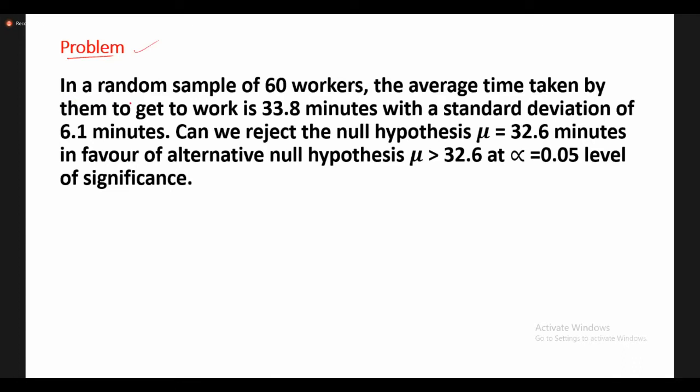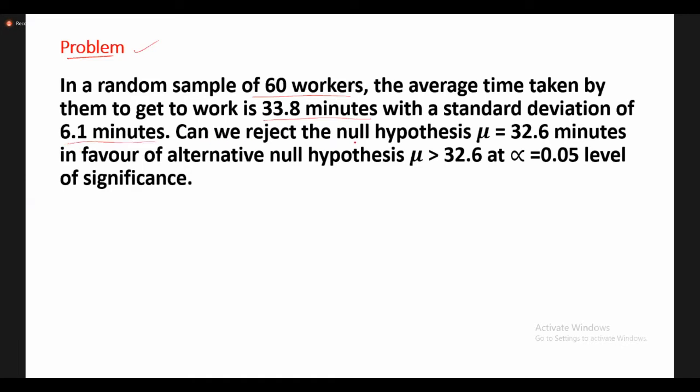In a random sample of 60 workers, the average time taken by them to get to work is 33.8 minutes with a standard deviation of 6.1 minutes.